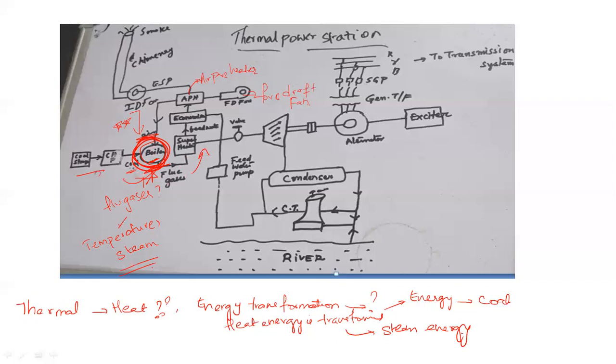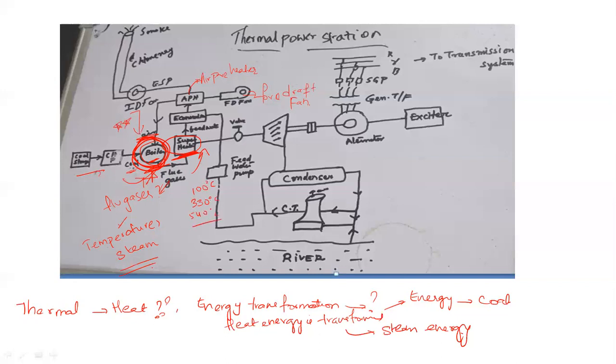Superheater is a zone in the boiler itself which increases the temperature. Initially the temperature will be 100 degrees, then 330 degrees, then it will be 540 degrees.